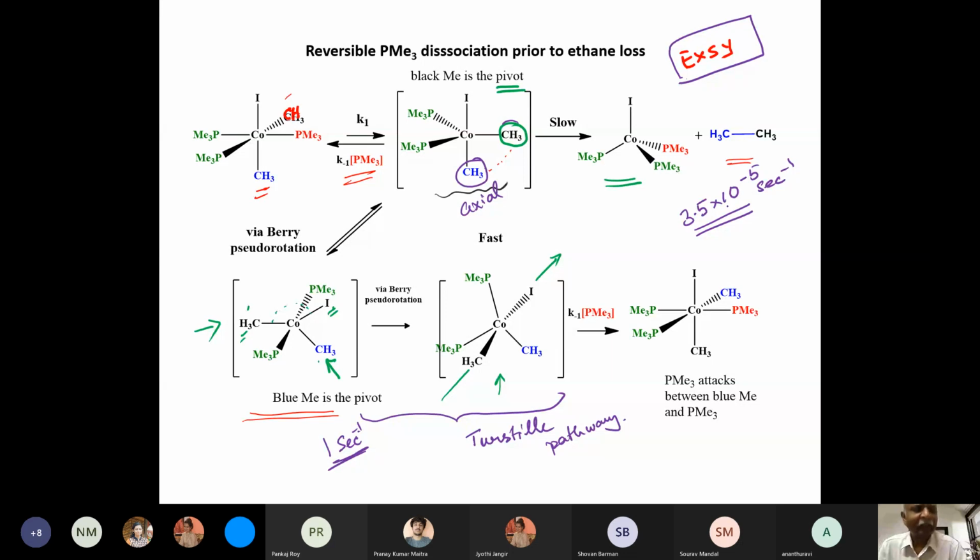So these experiments very clearly showed that the 5-coordinate intermediate was freely formed. It was interchanging at different positions, and then a slow elimination was being formed.